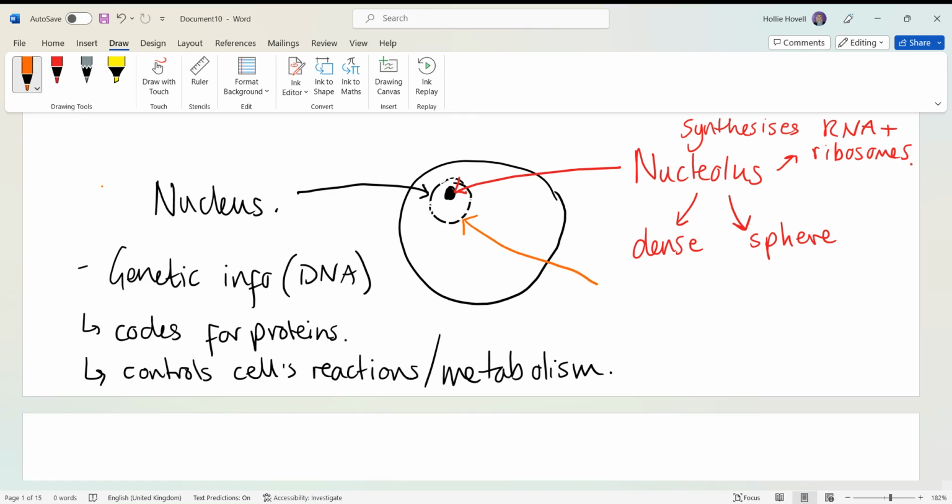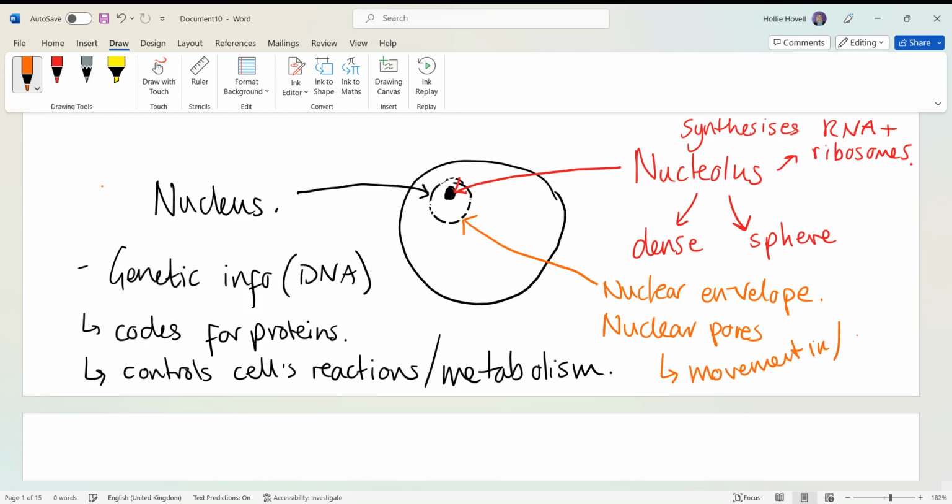So the membrane around the nucleus is called the nuclear envelope. Okay, and within the nuclear envelope, we have nuclear pores, which are basically like little tiny holes. And that allows the movement of molecules into and out of the nucleus. Okay, so it allows movement in and out of the nucleus.